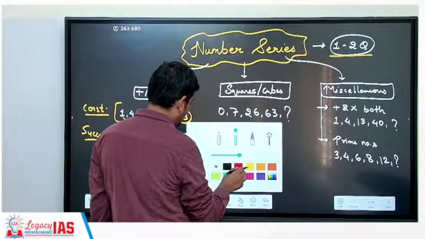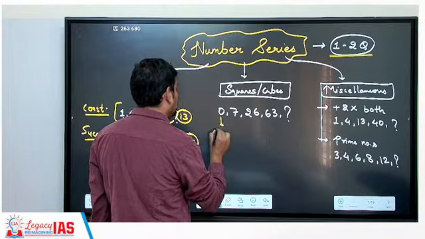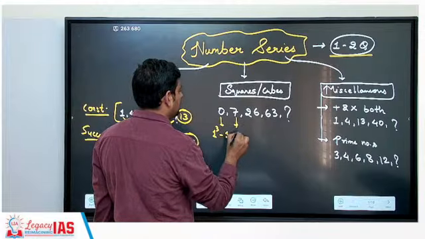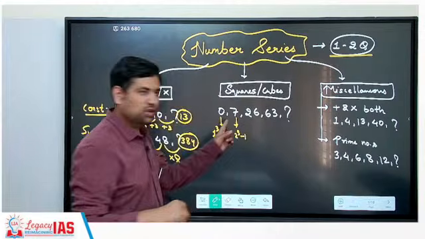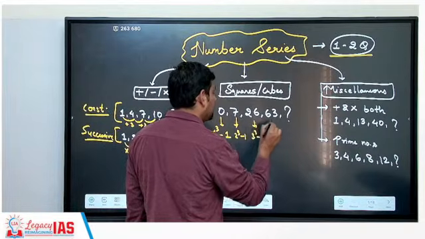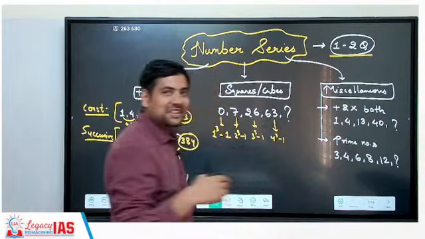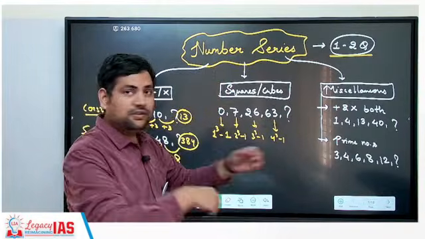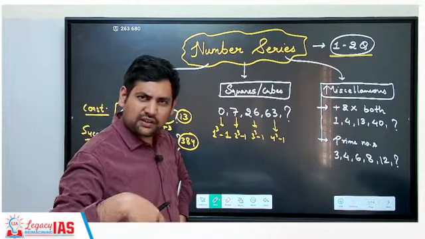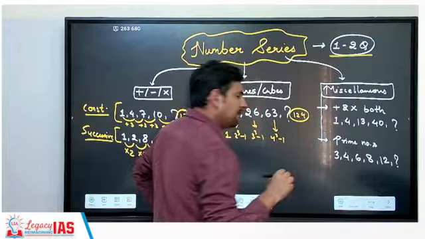So basically this is 1 cube minus 1, this is 2 cube minus 1, 2 cube is 8, 8 minus 1 is 7, then this is 3 cube minus 1, then this is 4 cube minus 1, next would be what, 5 cube minus 1, that is 125 minus 1. Answer becomes 124. This you understand?